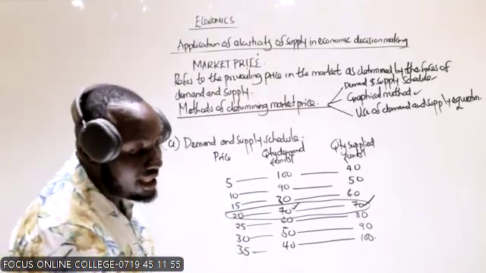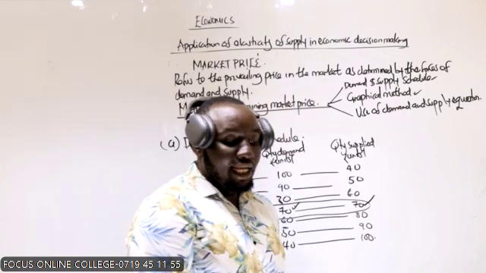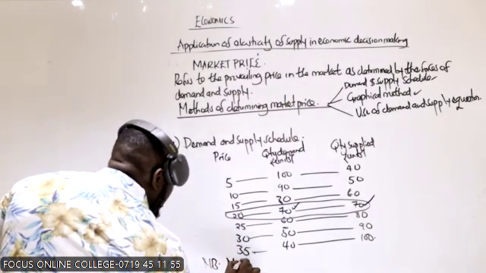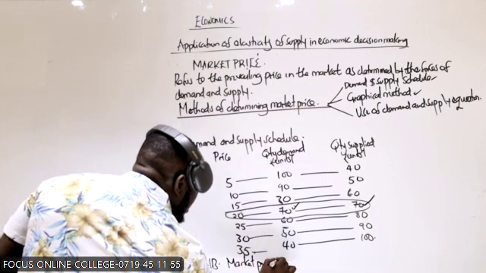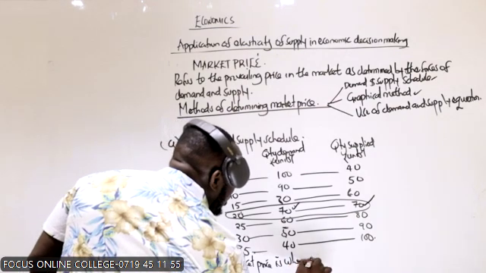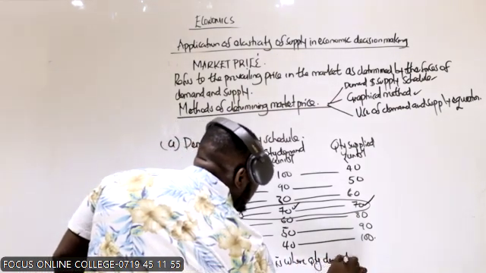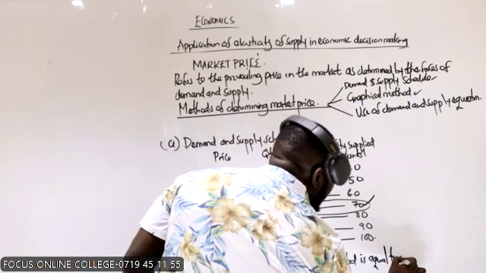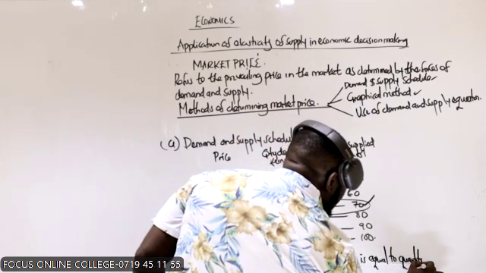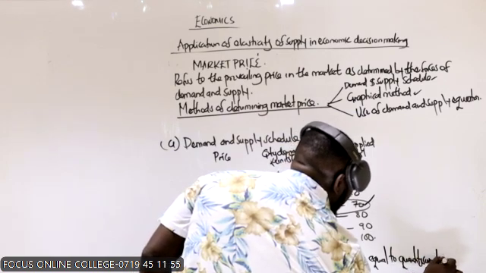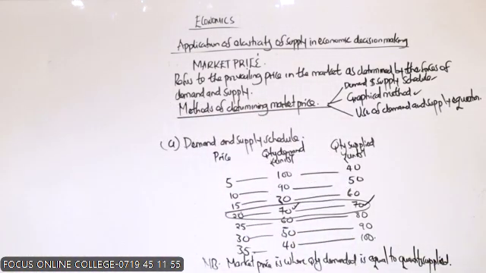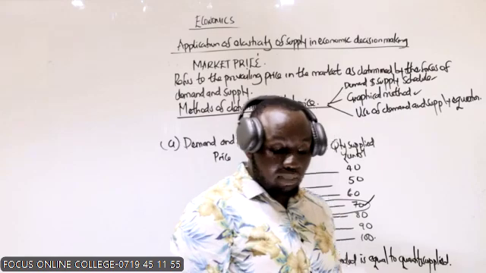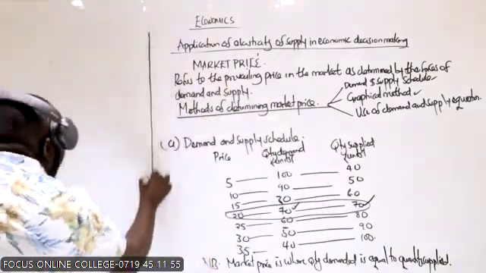We call that the market price, where the quantity demanded is equal to the quantity supplied. I hope that method is at home.